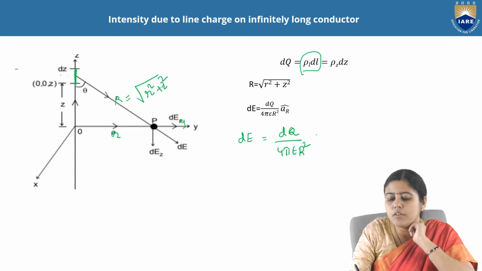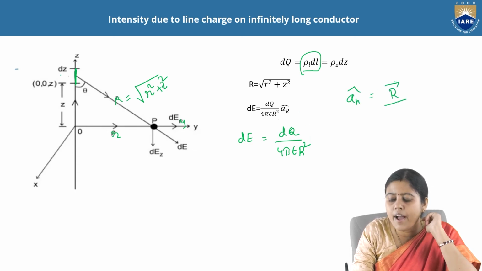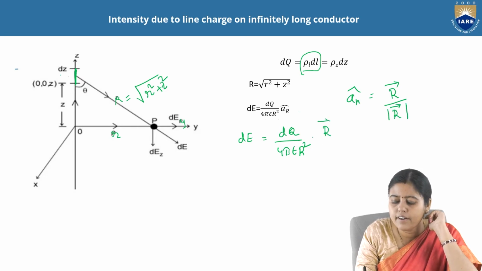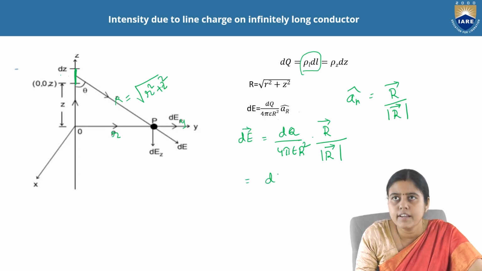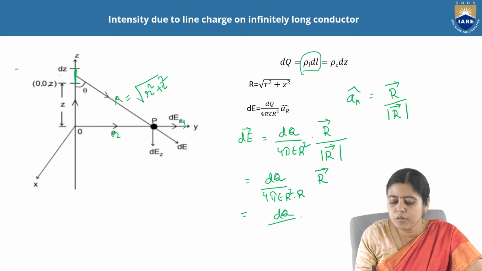And what is the value of the unit vector aR? It is R by magnitude of R. So we can write dq by 4 pi epsilon R squared, and magnitude of R is again R, so R squared into R, and the direction is in the R direction. So dq by 4 pi epsilon R cube.